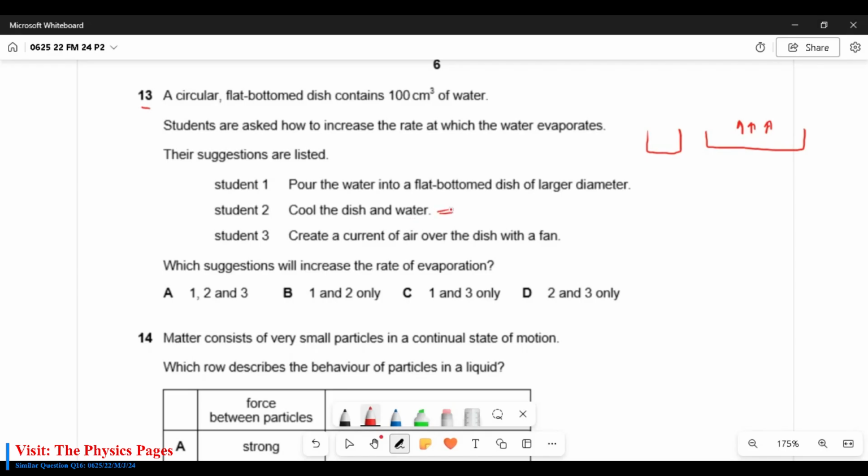We know that evaporation can occur at any temperature, so it does not depend on the temperature of the liquid. Third, create a current of air over the dish. Yes, if there is more current of air, the evaporation will be high. So we need more surface area and more air around it. So option C, 1 and 3 only.